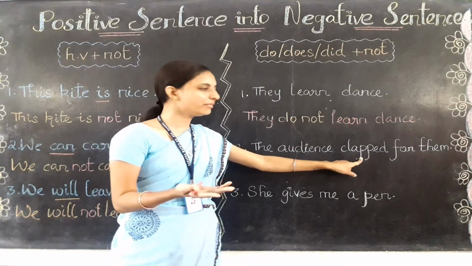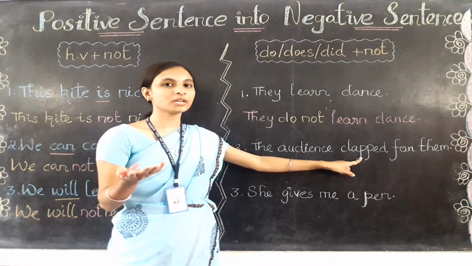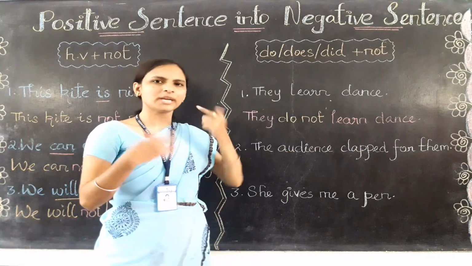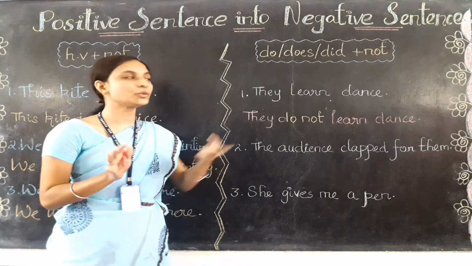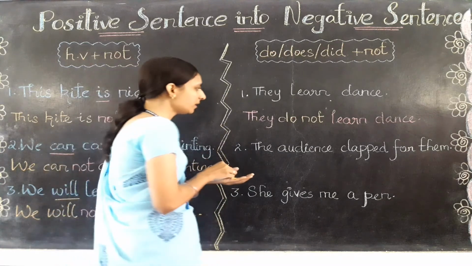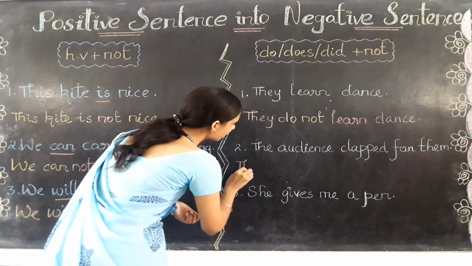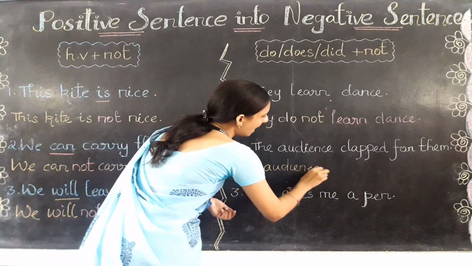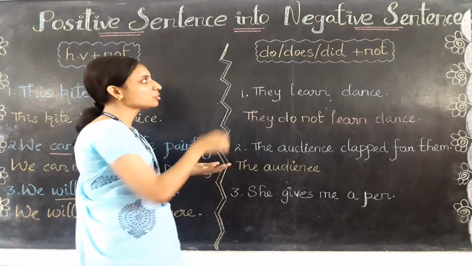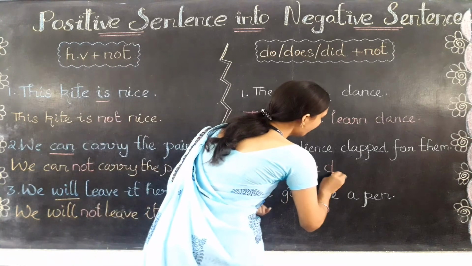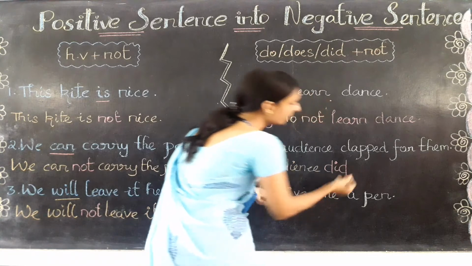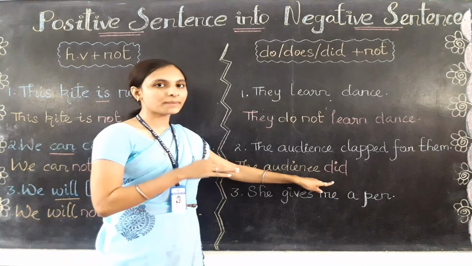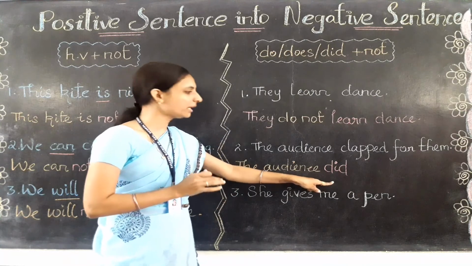Whenever a sentence is in the past, we need to use did, for any subject. So the answer will be: the audience, and after the subject I need to use the do family verb, that is did. Why did? Because did is the only verb in the do family which talks about past time events.